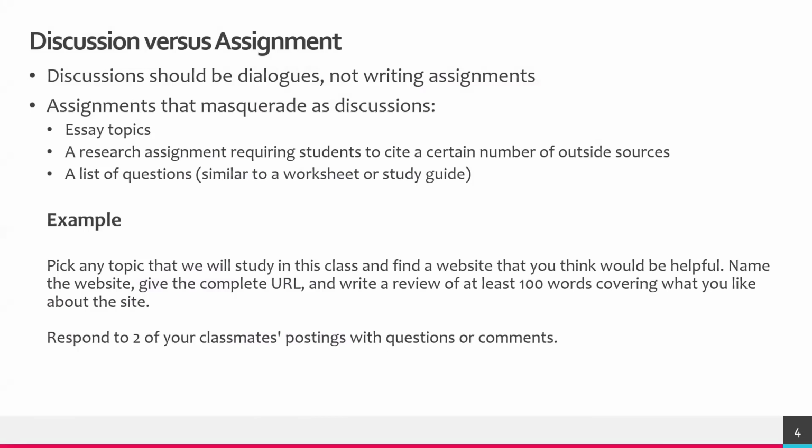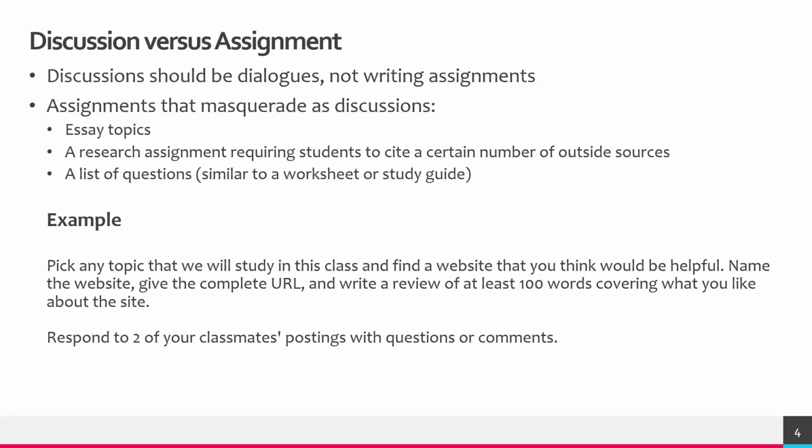So one challenge or issue that we see in a lot of discussion assignments and courses is that they're actually a writing assignment and they're not conducive to conversation. So of course, discussion should be a dialogue. They should not be writing assignments, but we do somehow end up with a lot of prompts that look like a writing assignment.